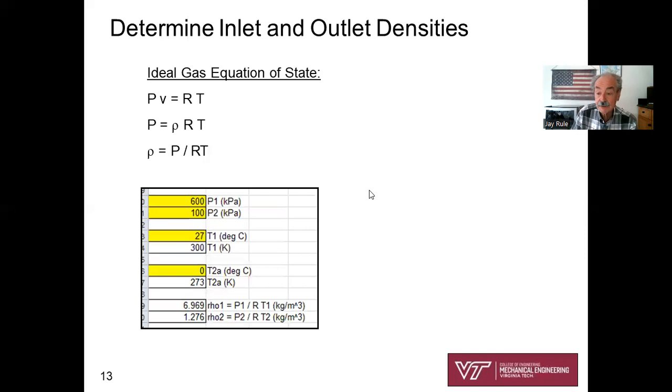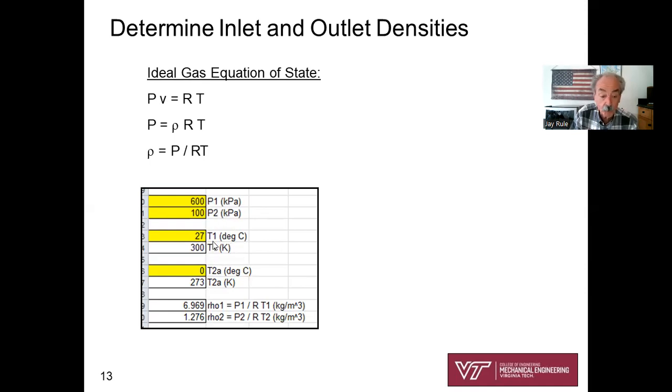All right, now let's go for the densities. Pv is equal to RT, and so you should be able to quickly derive this. You only need to write one of these down on your formula sheet if you're allowed to have those. But we're going to use rho is equal to P over RT. That's a perfectly valid statement of the ideal gas equation of state. We'll stay in kPa to get our units correct.